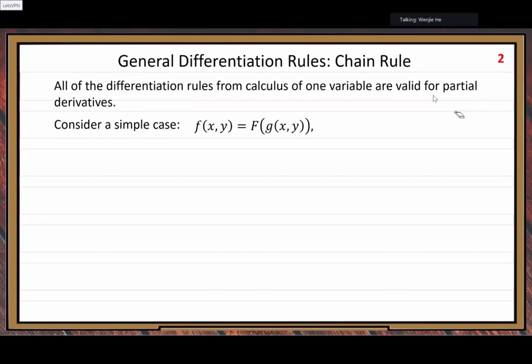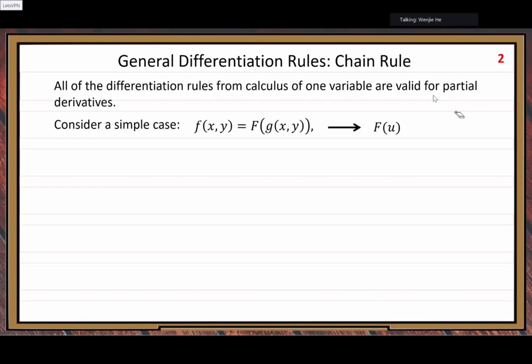There is a capital F function, which is a one-variable function. We want to see what the chain rule looks like in this special form.